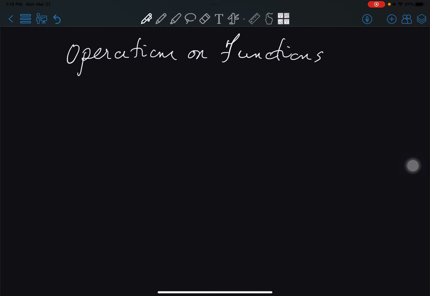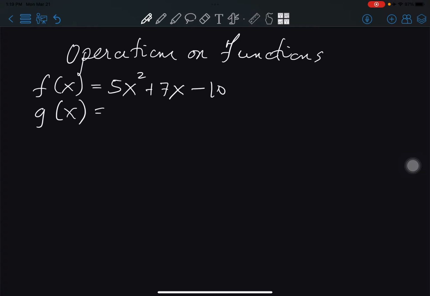Okay, so let us assume that the value of our f of x is equal to 5x squared plus 7x minus 10. Then let's say we have g of x is equal to 5x squared minus 8x plus 4.